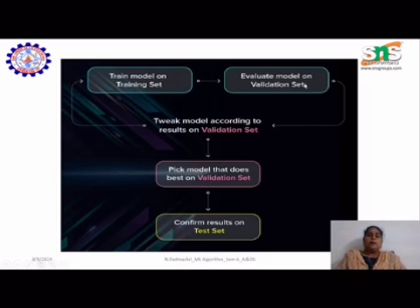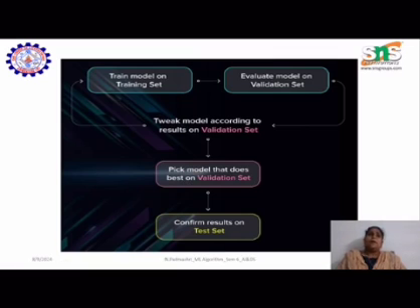This is a cyclic action. If you are not getting proper accuracy on the validation set, you give it again to the training model, improve the hyperparameter tuning values, then test it and give it to the validation set again.